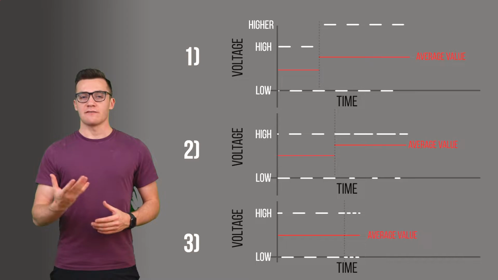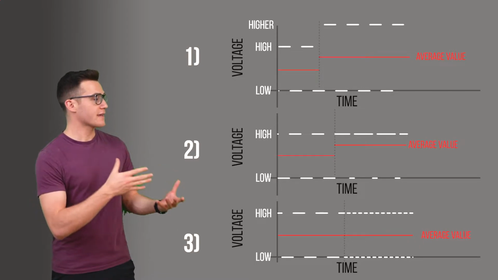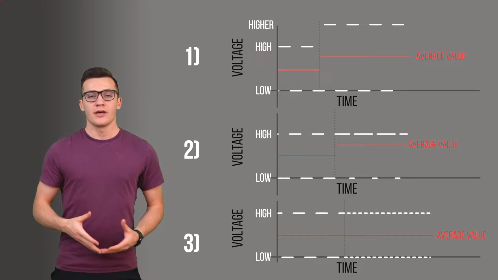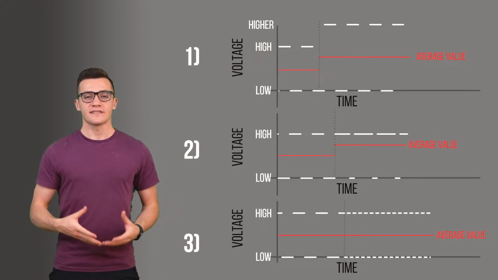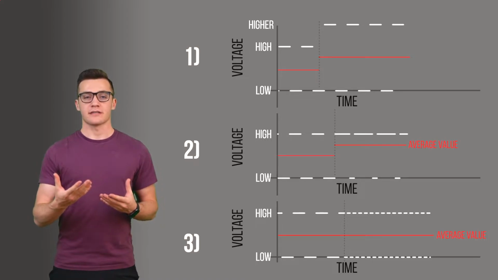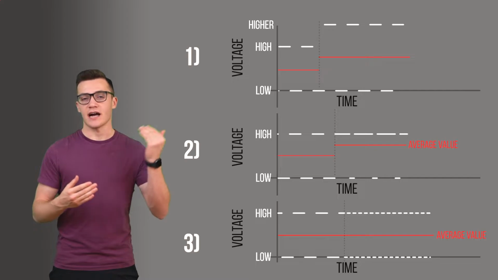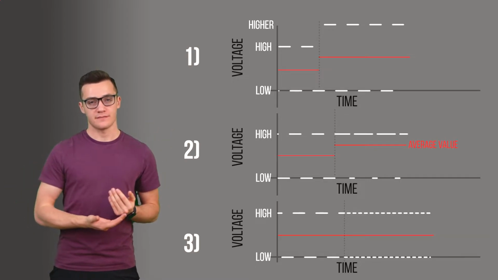And finally, if we sped up this whole process, you can see nothing happens to this red line. If we speed up the whole process, the average value stays the same, because after all, we're just cycling back and forth faster, but still the same percentage of our time being at these high and low voltages respectively.